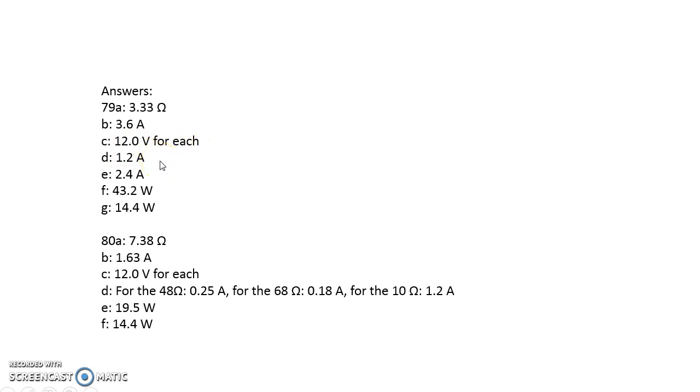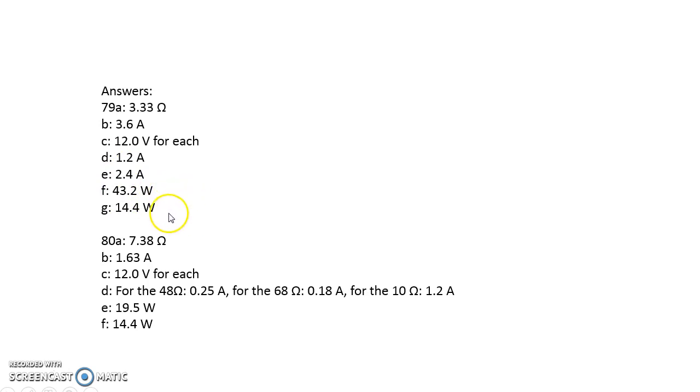For part D, the current running through, so I took I equals V over R, 12 over 10 gives you 1.2. For E, I did V over R equals 12 over 5 equals 2.4 amps. For F, I did P total equals V total squared over Req, and I got 43.2 watts.